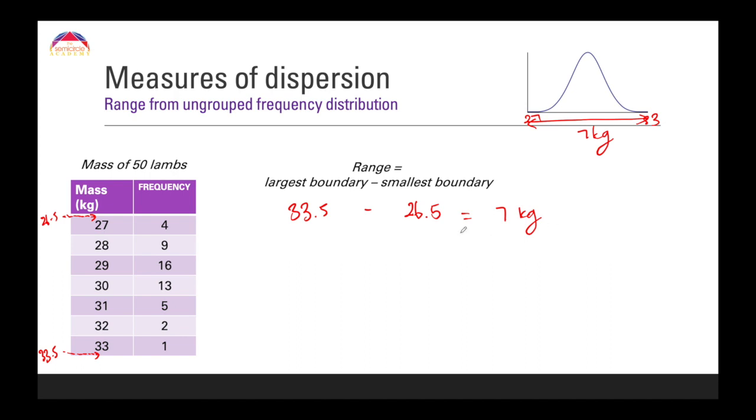You can see this is almost like raw data, where you're just subtracting the smallest from the largest. But when we're dealing with a frequency distribution, please remember you're using the boundary. The boundary makes a little bit of a difference.